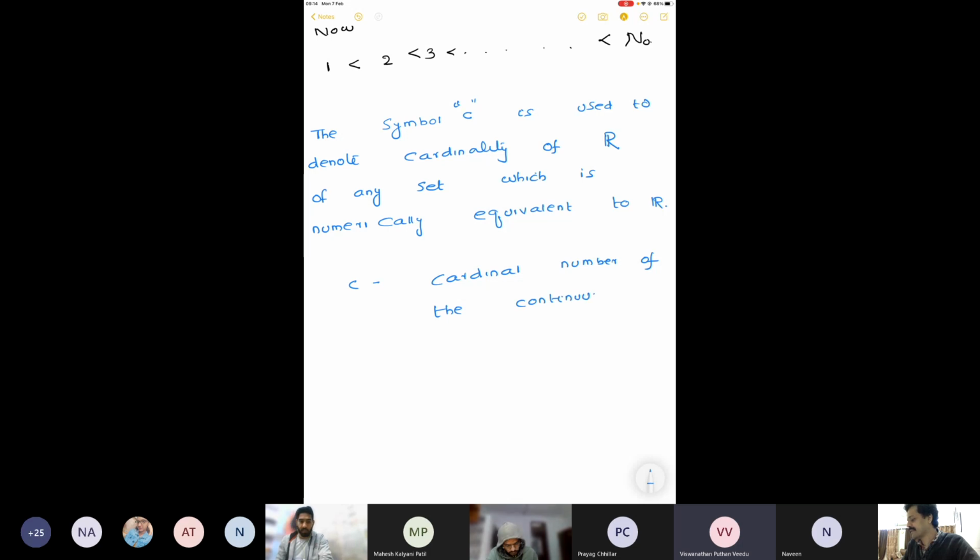Whenever a set is numerically equivalent to R, then we denote its cardinality by C.